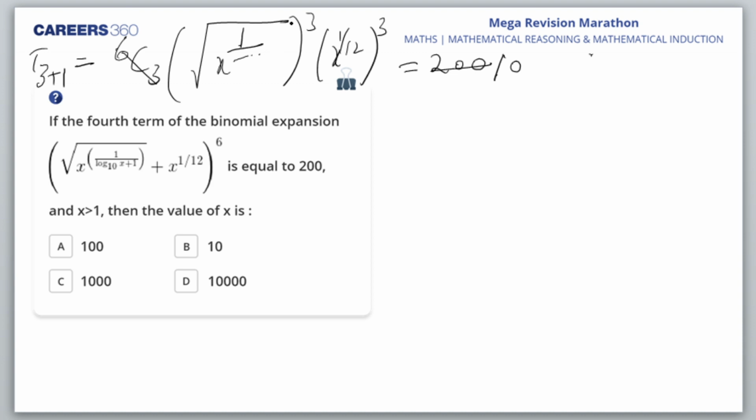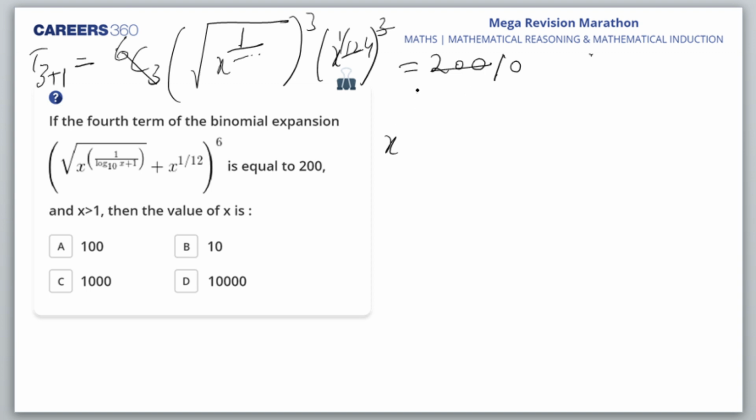So here what is this cube of it? The cube means x raised to power cube. There is an under root sign, and when I do cube, this would become 3 by 4.